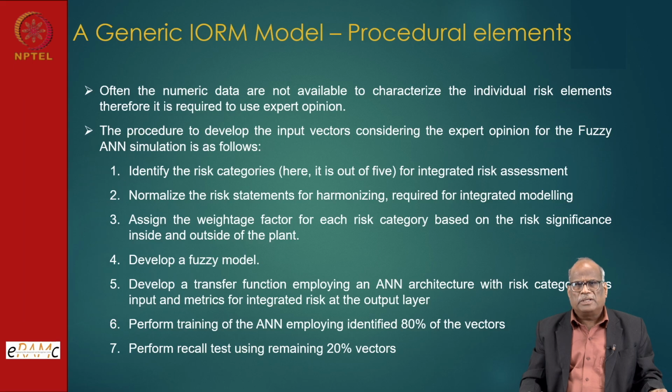Then the procedure to develop the input vector. Since I am talking about an ANN approach for giving an integrated statement of risk, I am talking about this model in ANN language. Identify the risk categories. Here we have 5 categories. Normalize the risk statement for harmonizing.